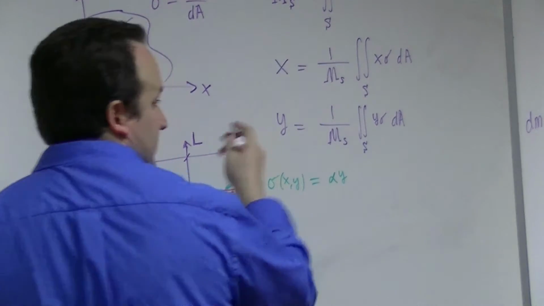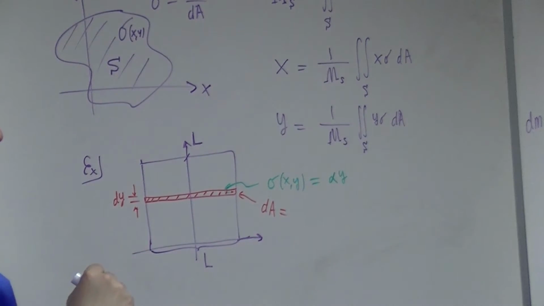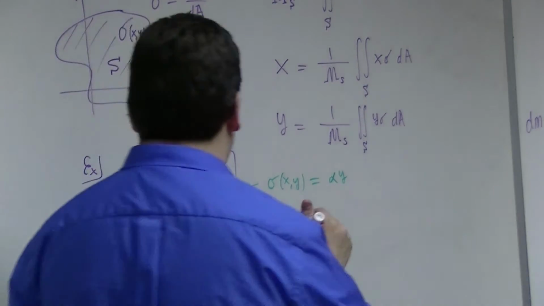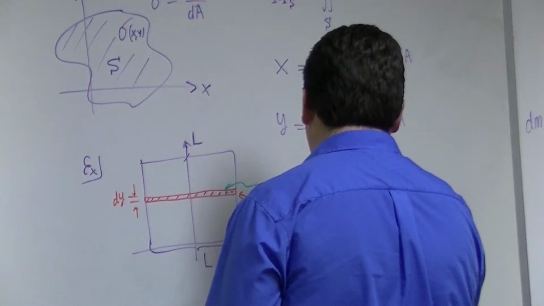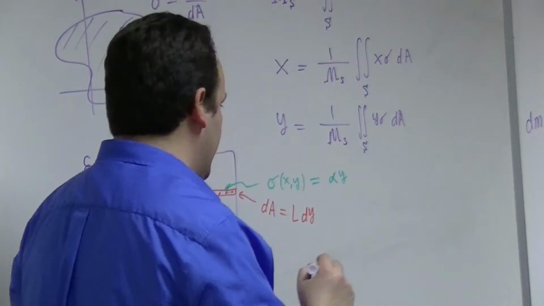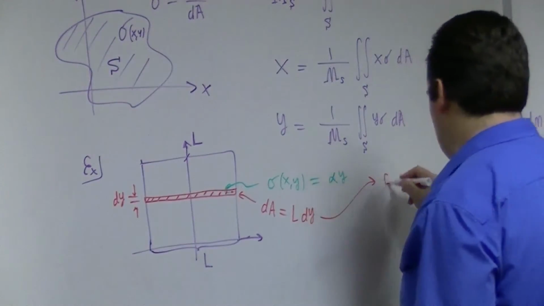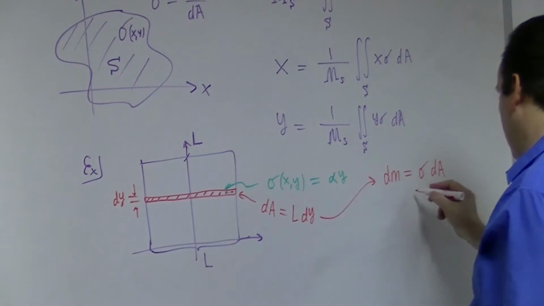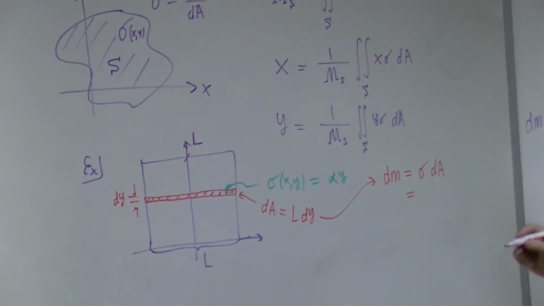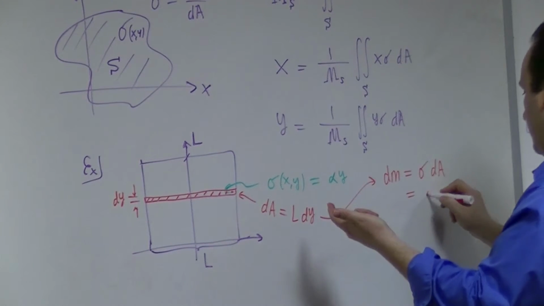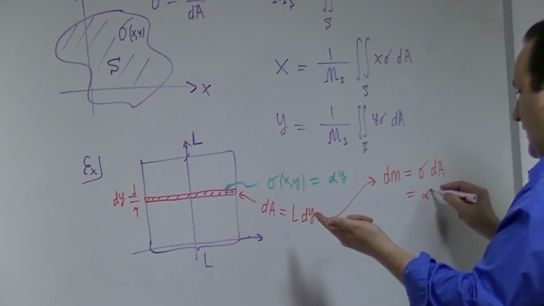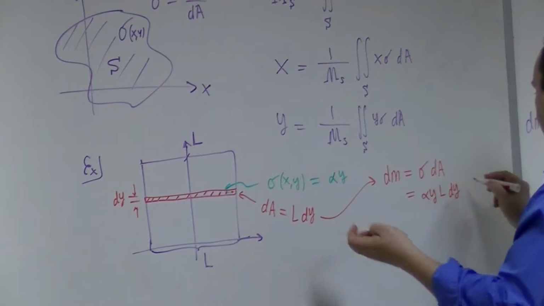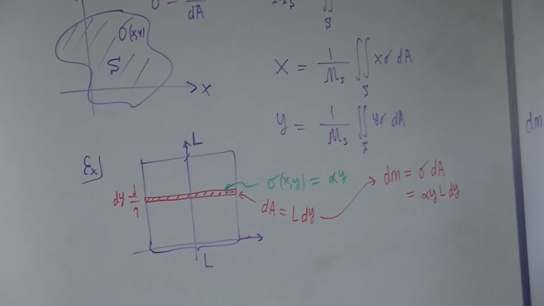What's the width of the strip? L, right? So L dy is dA. Then dm is sigma dA, so dm is alpha y L dy. That's the little bit of mass in that one horizontal strip.